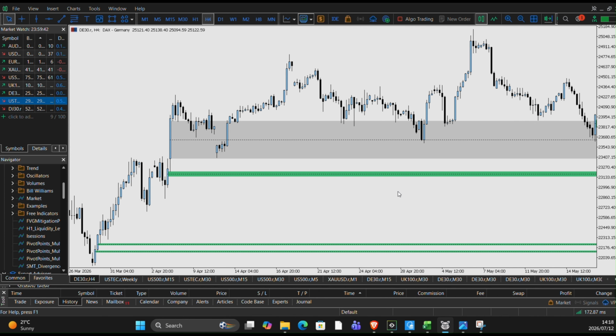And when we go OK, as you can see now, the fair value gap shows for this 3 candle pattern that occurred. And you can see it wasn't fully mitigated, that's why it's gray.